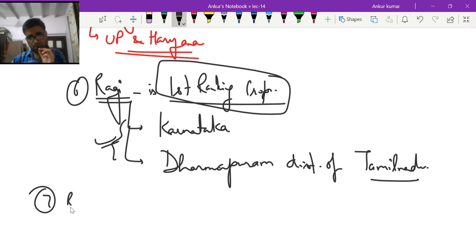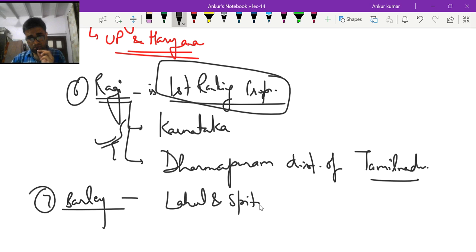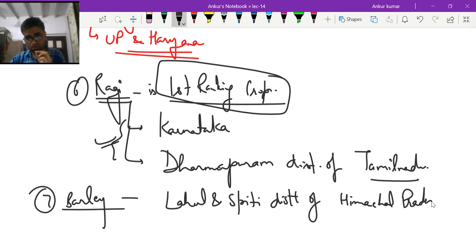Moving on to the next region, that is the barley, where the barley is the first ranking crop. Number one is the Lahul and Spiti district of Himachal Pradesh, right? This is the main district where the barley is the first ranking crop.